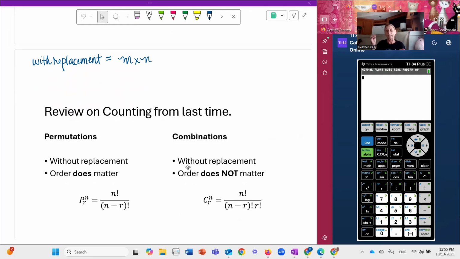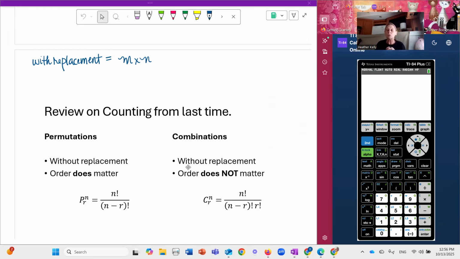Or does our choice not matter and whatever we choose, we put back in? So that kind of goes back to our early talk about probability. When we first started doing probability, we talked about things with replacement. We were talking about drawing a card from a deck, but replacing that card and drawing a second card out of the deck. That was with replacement.